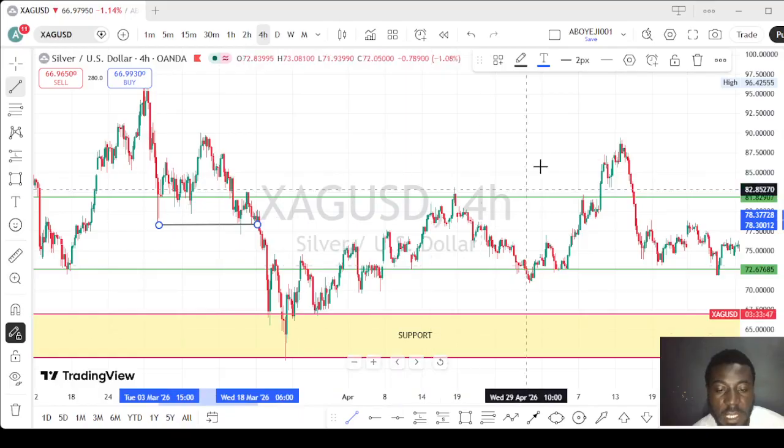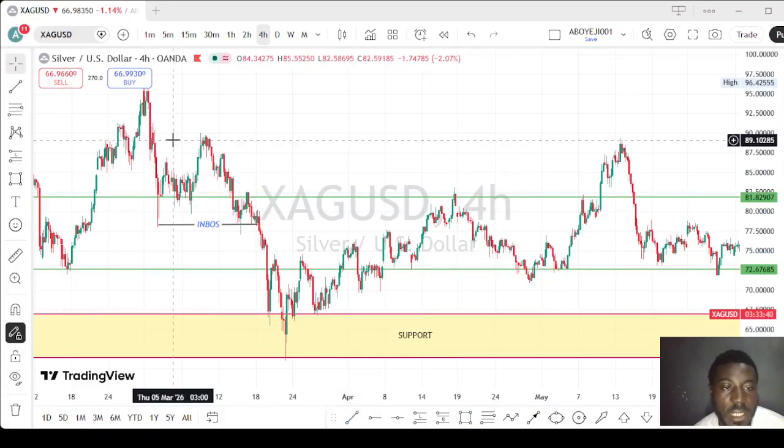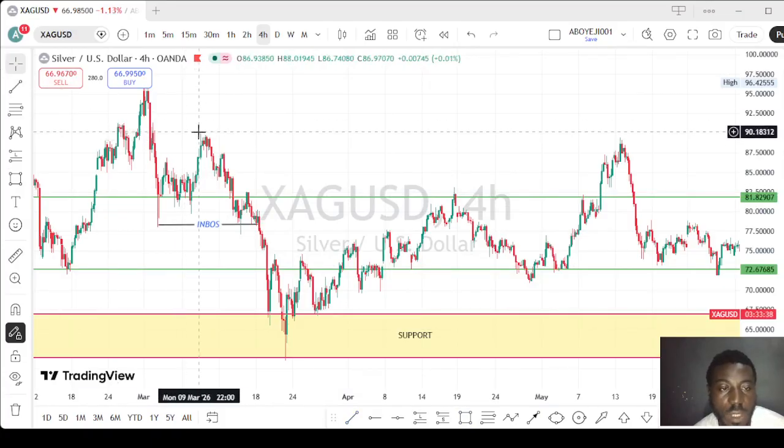And this is a break of structure, and this is the supply. You can see this is the supply that pushes the market up.